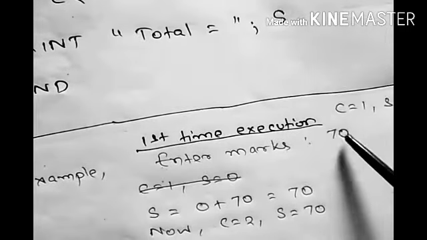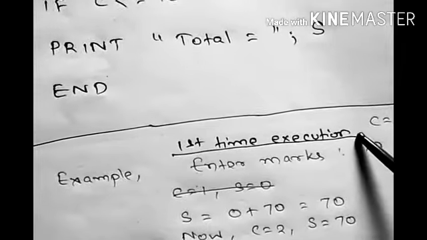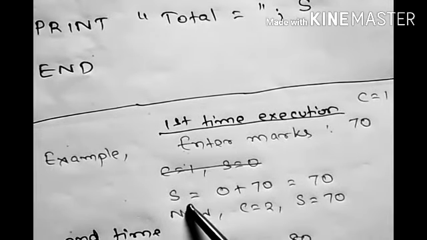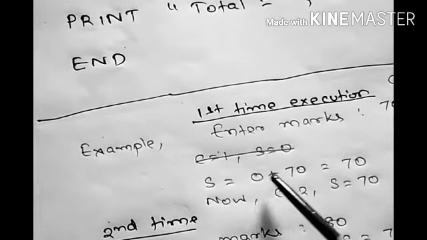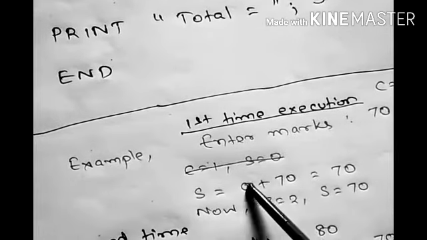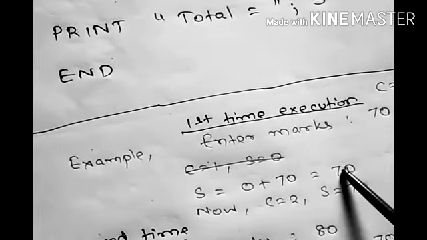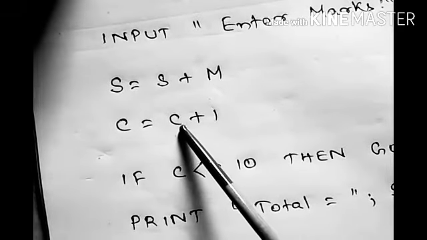When you enter marks, suppose 70 for example. Now after this line, s equal to s plus m. So first time s is 0, you have given 70 here, so 0 plus 70, it will become 70. After this line, c equal to c plus 1, we have initialized c as 1, so now the value of c is 1.